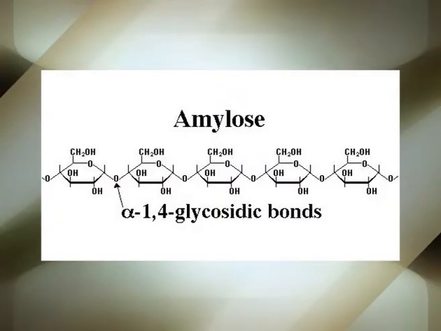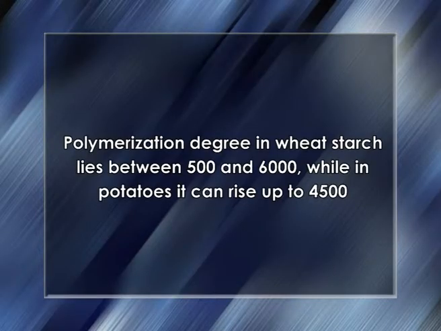Amylose is a chain polymer of D-glucopyranosyl residues linked by 1,4 linkage. The molecular size of amylose is variable. Polymerization degree in wheat starch lies between 500 and 6000, while in potatoes it can rise up to 4500. This corresponds to a molecular weight of 150 to 750 kilodaltons.